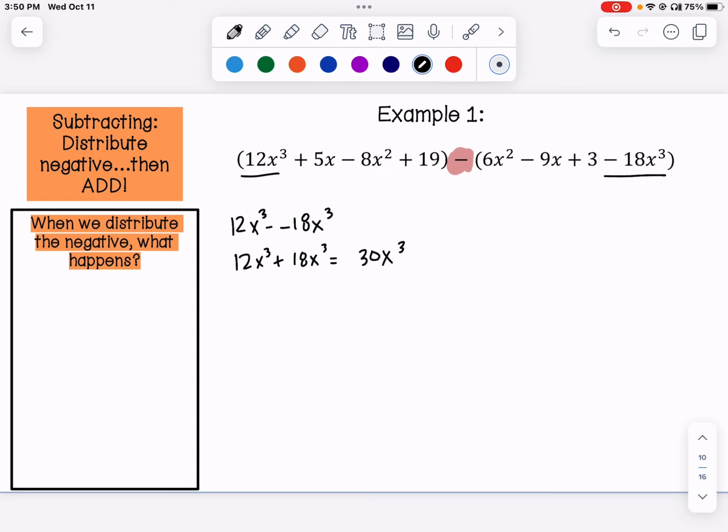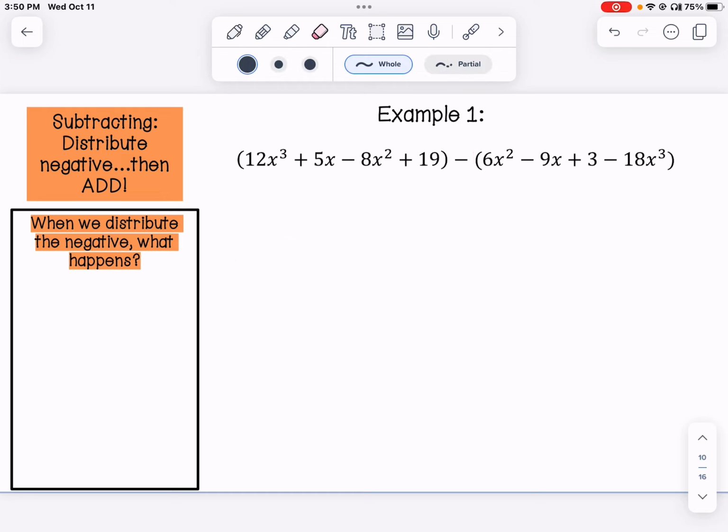That takes a little bit longer to do, and it also takes a little bit more brain power. You have to write it all down and make sure that you're subtracting every single time. So the way that I like to handle it is just adding one extra step at the very beginning, which is to distribute that negative.